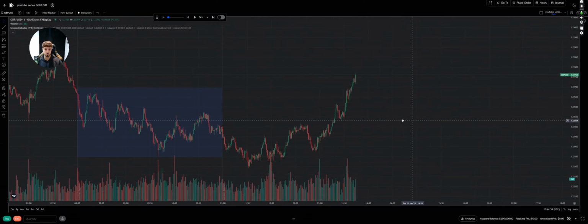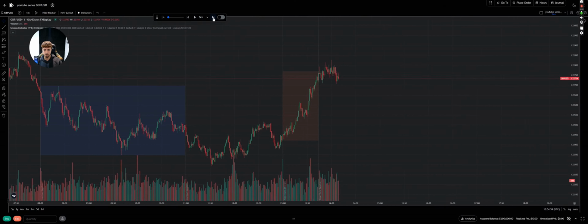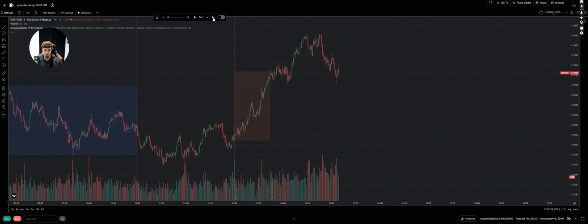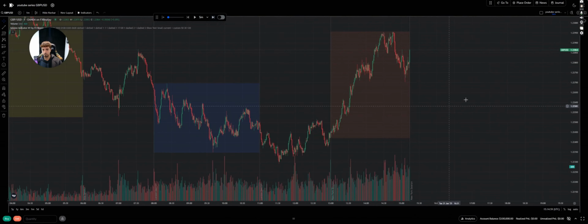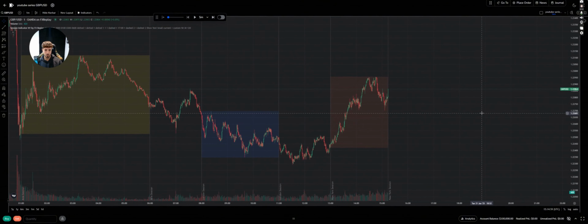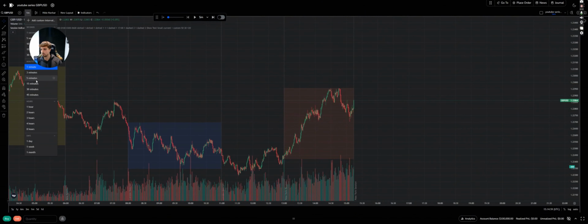So New York gives us a really nice push here, which is lovely. And then we'll see if we can get a retracement anywhere at all. Doesn't look like we're going to get anything there, which is fine.